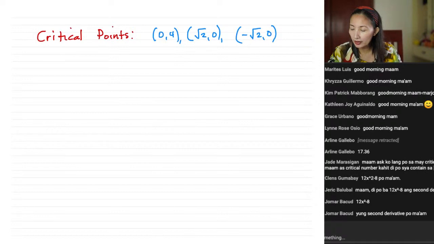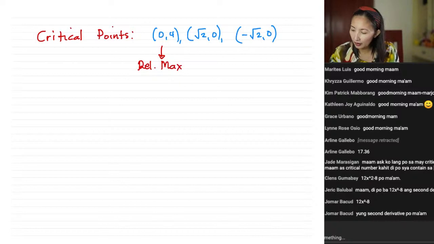Which among these three gives the maximum point? This one is the relative max.